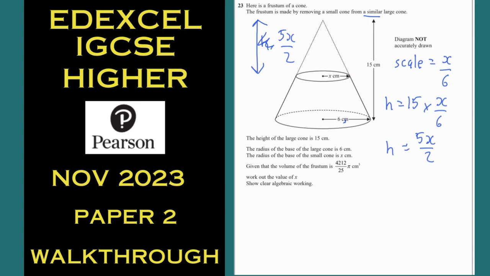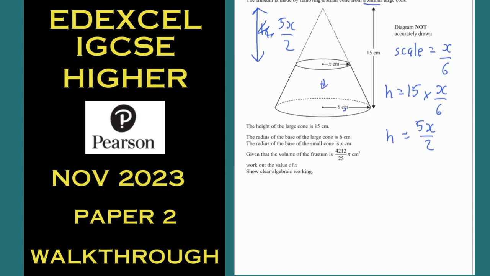Now we can move on. Given that the volume of the frustum, that's the volume of the bottom bit, we can make the statement: the volume of the frustum at the bottom, 4212 over 25 pi, will be equal to the volume of the large cone.